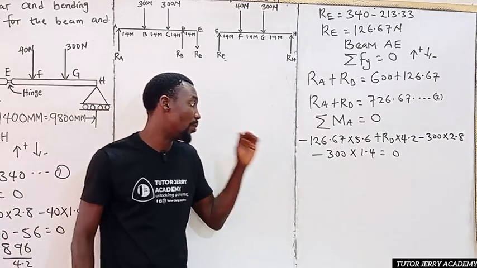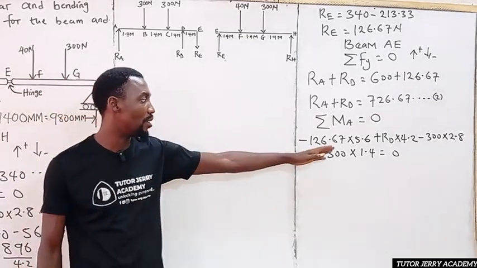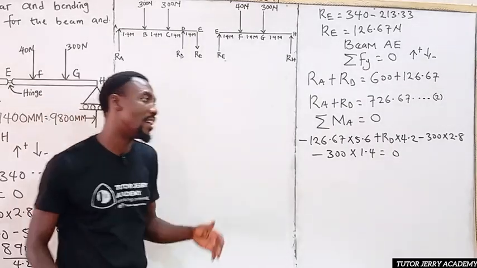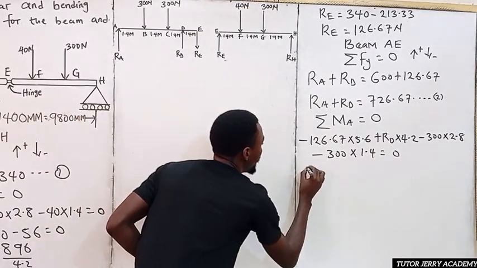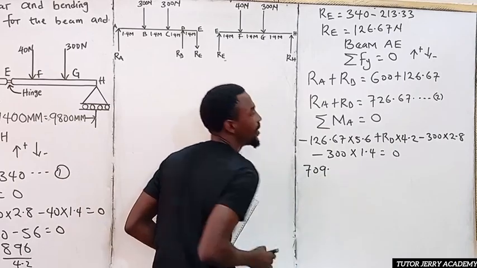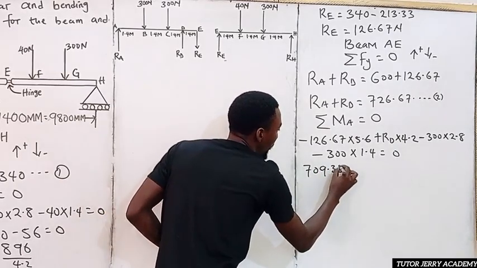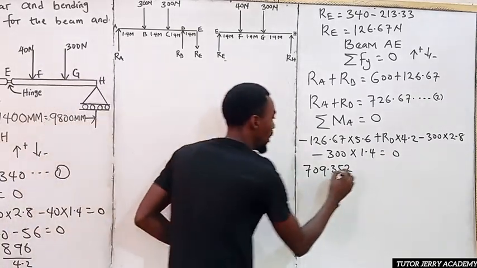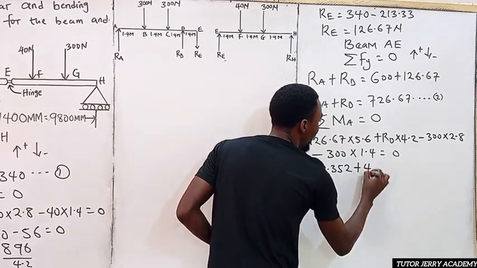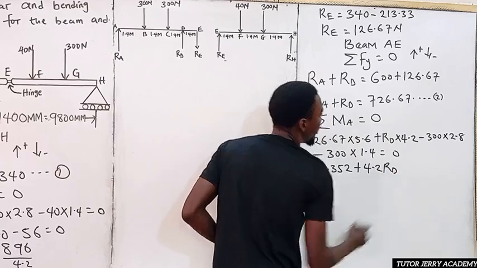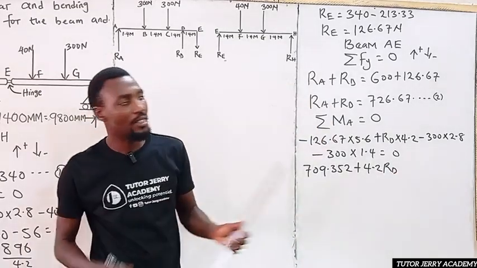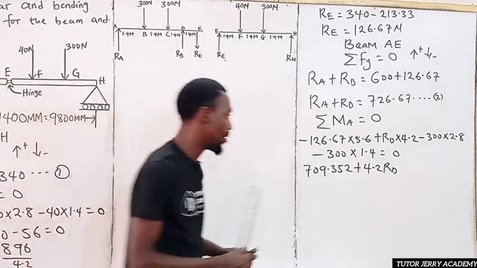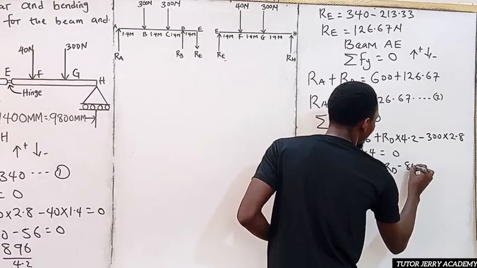All right, so if we continue with this, 126.67 multiplied by 5.6, we are going to have 709.352. All right, so if we multiply 4.2 by D, we are going to have 4.2 RD. All right, so 300 multiplied by 2.8, that is 840, so we are going to have minus 840.